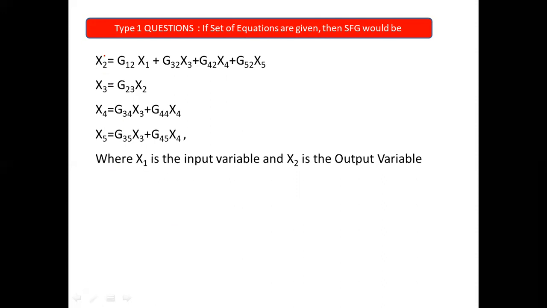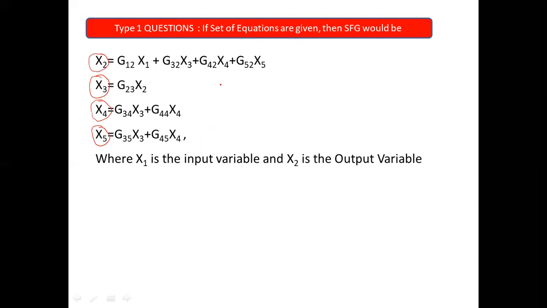Here you just see there is a state variable x2, another state variable x3, another state variable x4, and another state variable x5. Now when you have to make the signal flow graph, you have to identify how many state variables are represented by the linear equations.